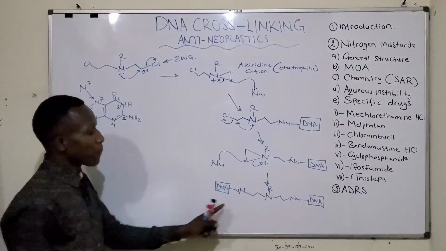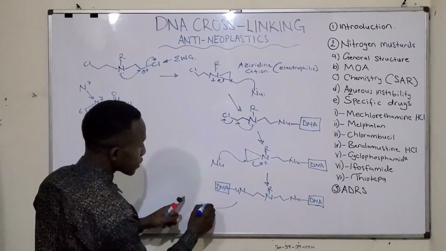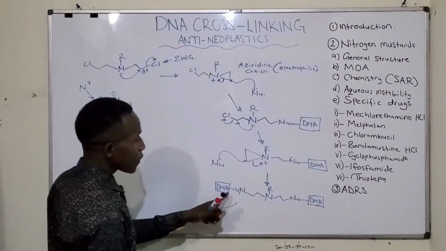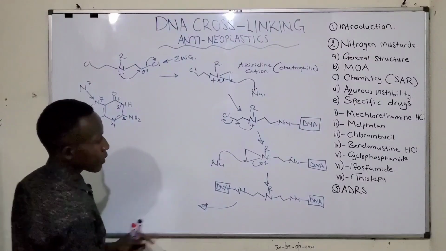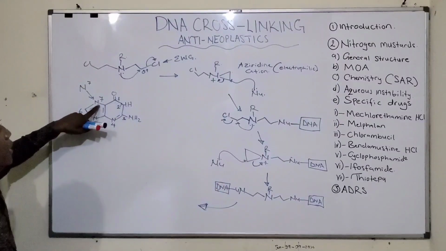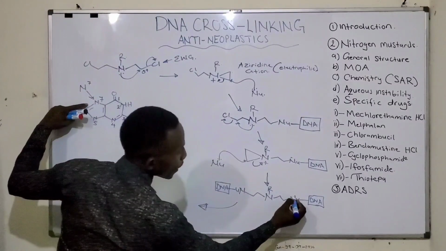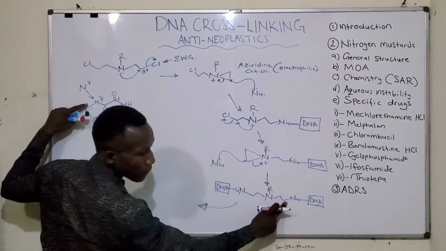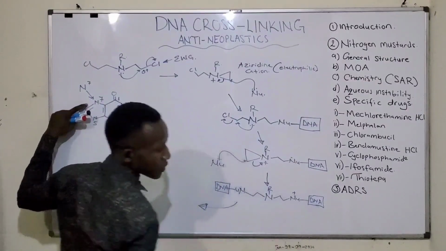So this DNA will try to move away from the covalent bond. As it is liberated from the covalent bond of the nitrogen mustard, remember this N is having 3 bonds. So here we shall have the nucleophile attached to the nitrogen mustard, so it will be plus.